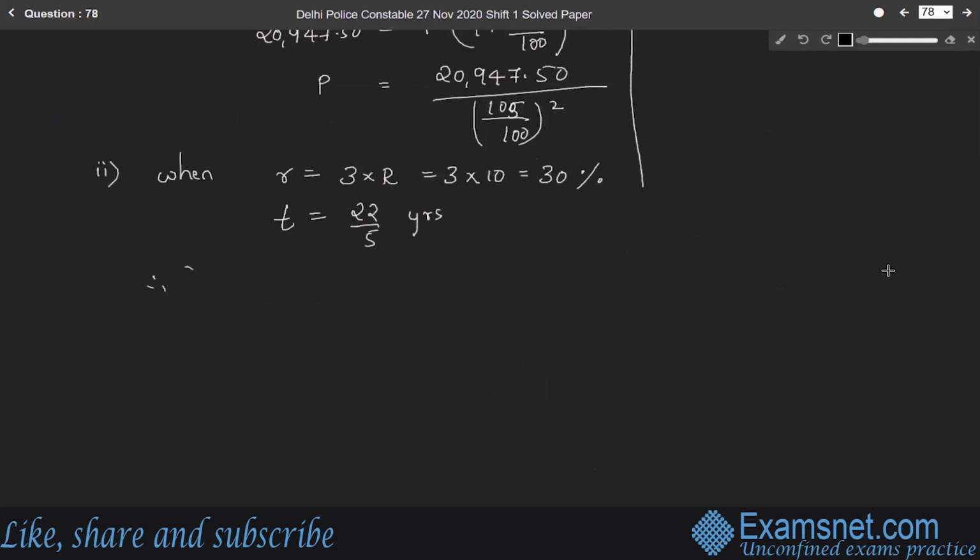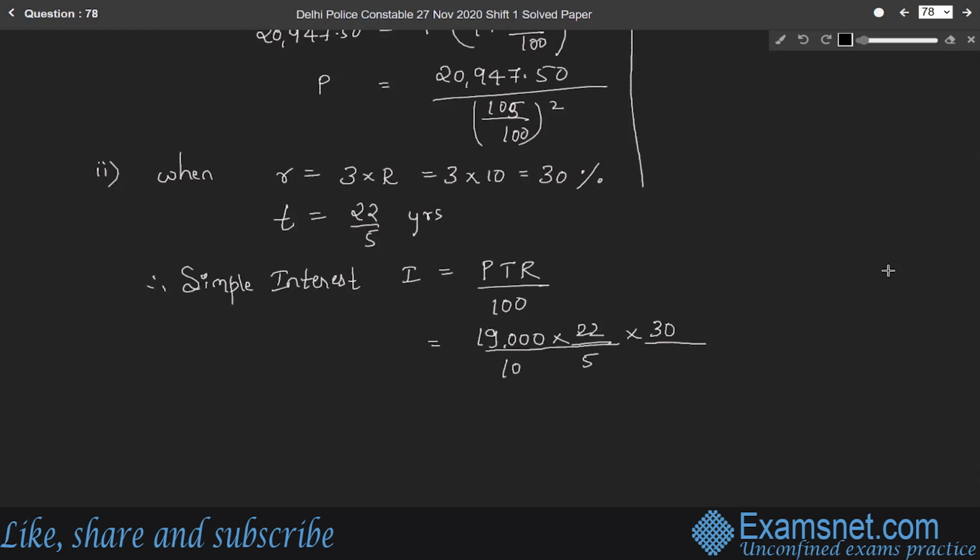Therefore, simple interest I is equal to PTR by 100, which is principal amount we have already calculated, that is 19,000 rupees into time period is 22 by 5 into rate of interest is 30, divided by 100.